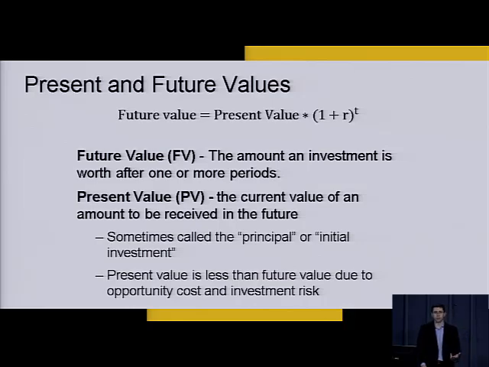Both of these are obviously synonymous with the present value of an asset. When we get to bond amortization at the end of this chapter, I will certainly use the term principal to denote the amount that has been invested or the amount outstanding in terms of your loan. So I will use those terms synonymously with present value. Okay.